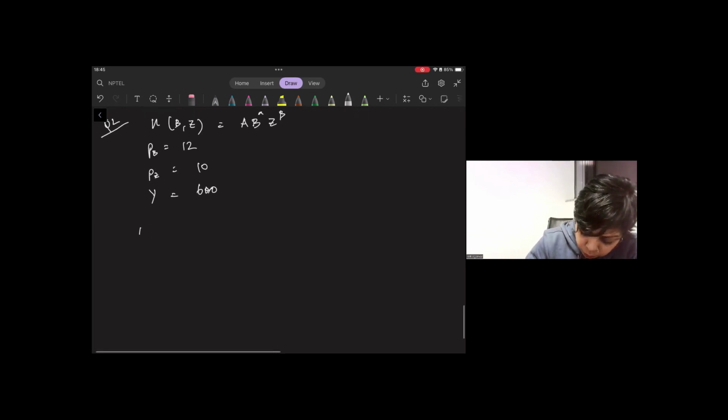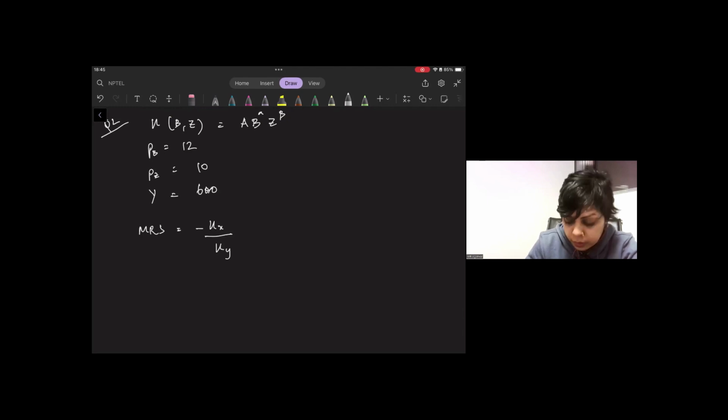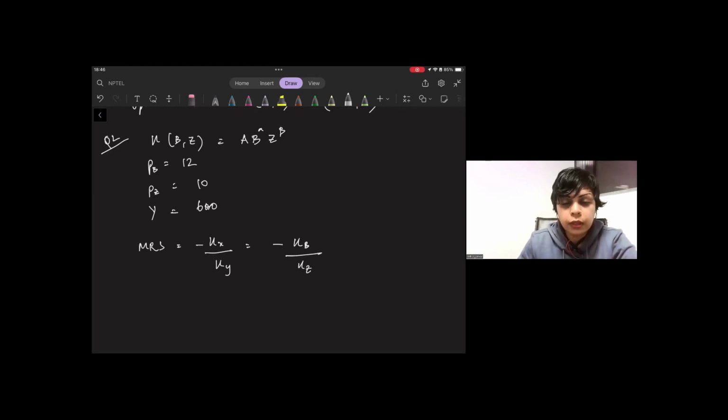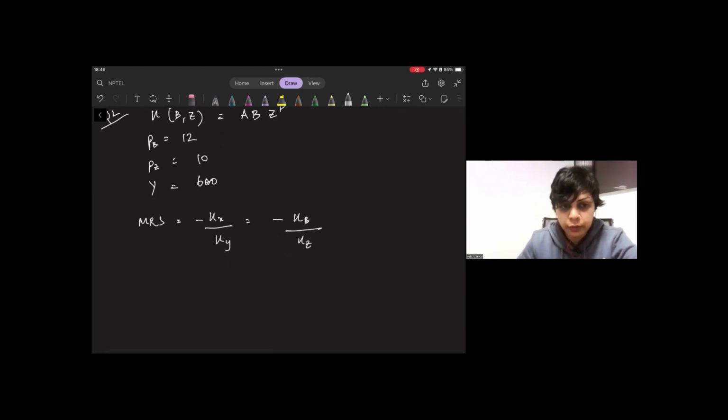Now MRS is equal to UX by UY. In this case, this becomes minus U_B by U_Z. The subscript denotes the partial derivative.